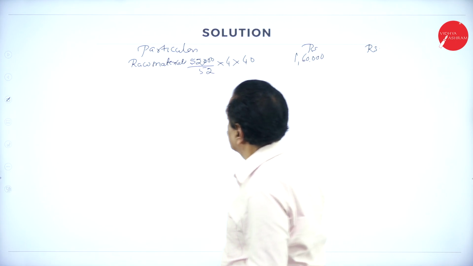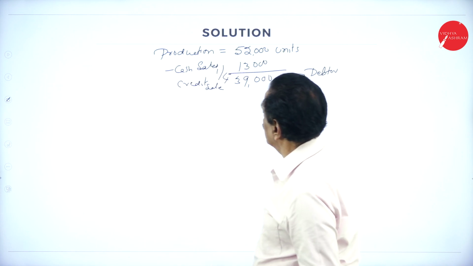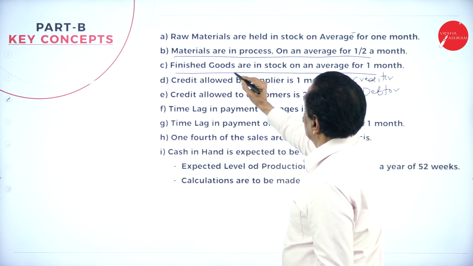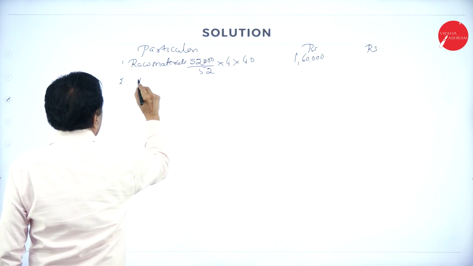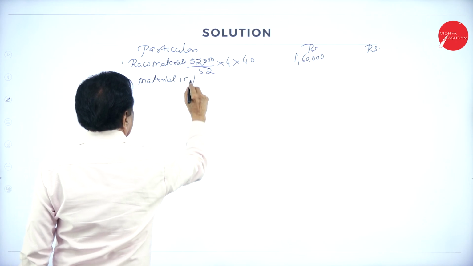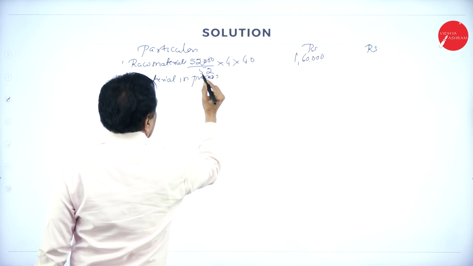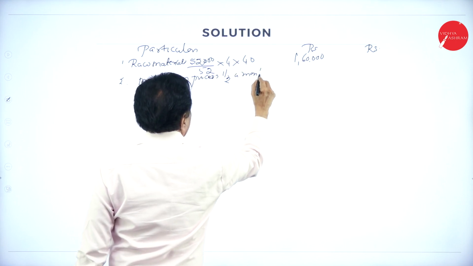What next they say? Number 2, work in process, an average of half a month, which means 2 weeks.